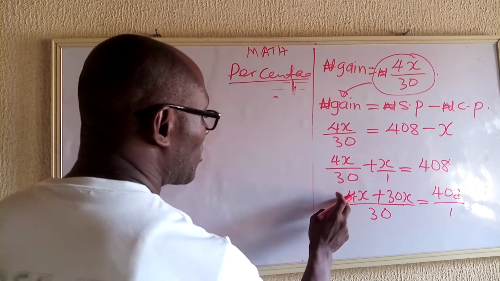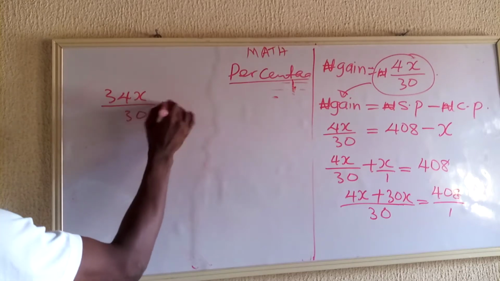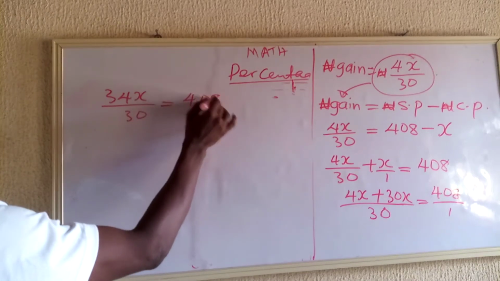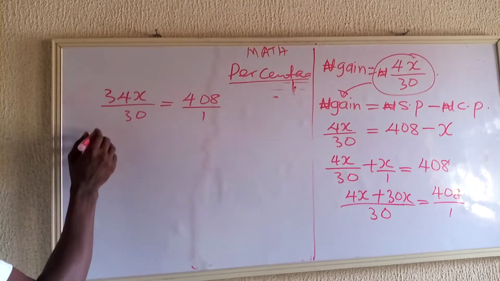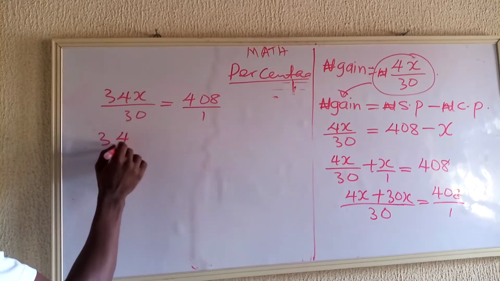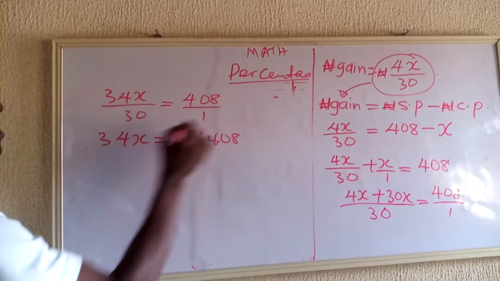So when you add 4x and 30x together, that will give you 34x over 30 equals 408 over 1. So you cross multiply, you have 34x equals 30 times 408.